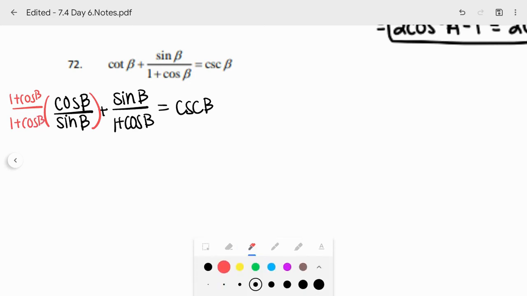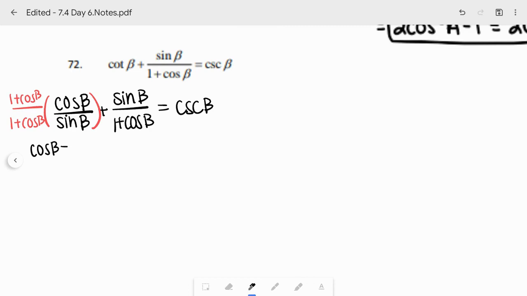So let's do that first. So if I distribute the 1, I'm going to get, let's just leave it for now. So I'm going to have cosine of beta times 1 plus cosine of beta all over sine beta times 1 plus cosine beta.